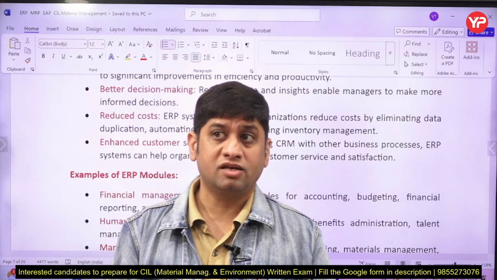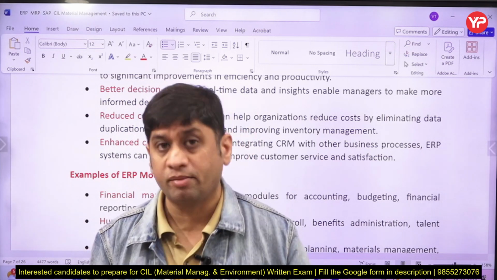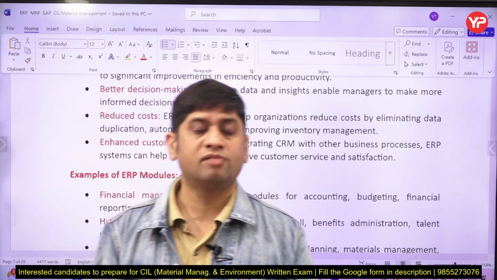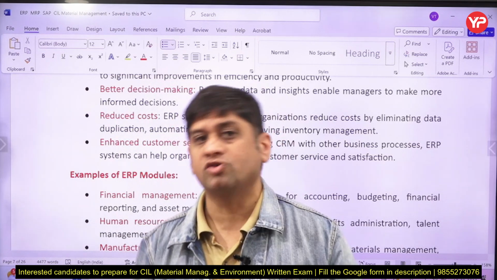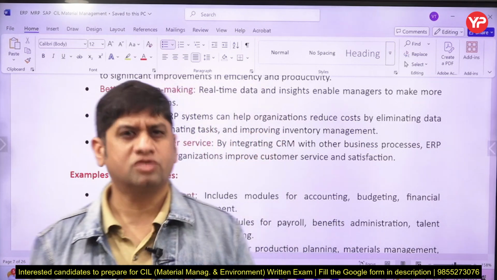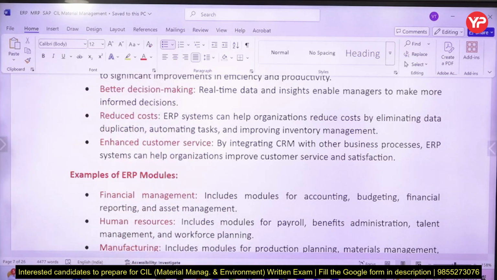But some organizations can lose. Why? Because if they are not trained, they don't adapt properly, they don't use it. You installed it, but if your workforce is not using it, then the ERP is a loss. In the short term there can be losses, in the long term there is benefit. So eventually reduced cost. How? You will eliminate data duplication, you will automate the task, you will improve inventory management.